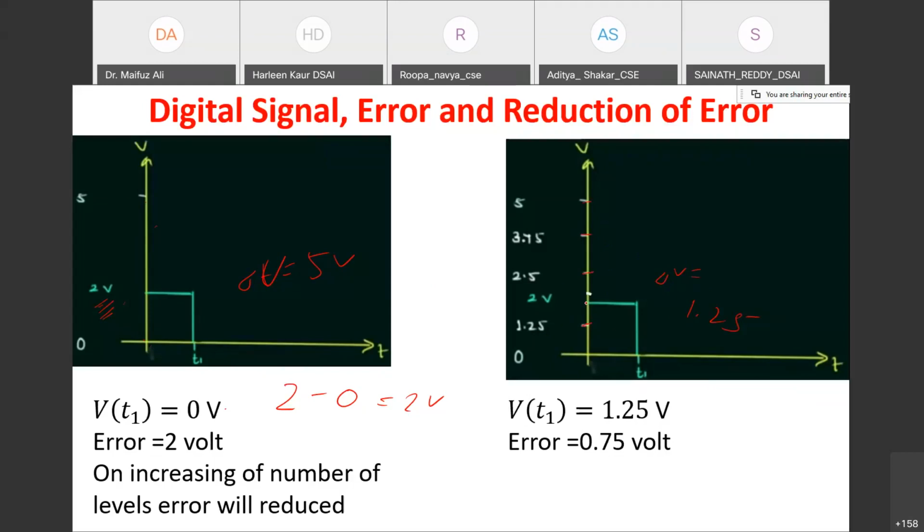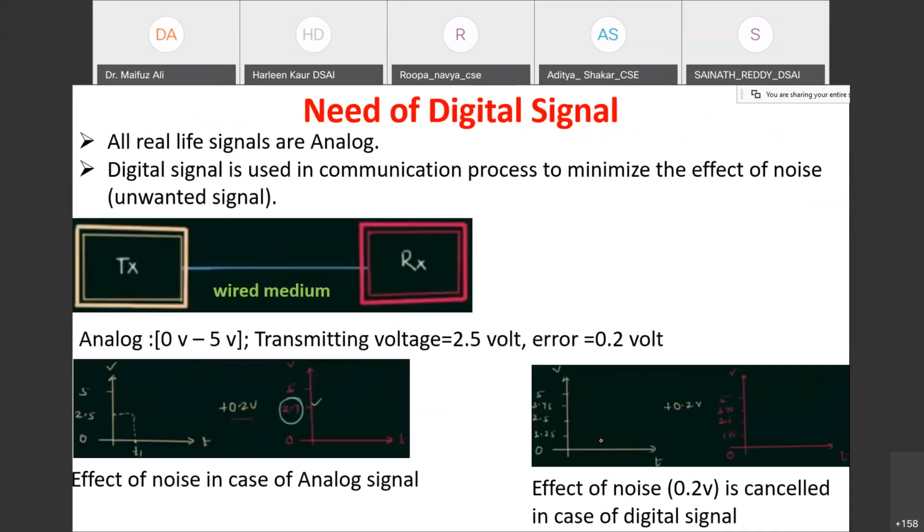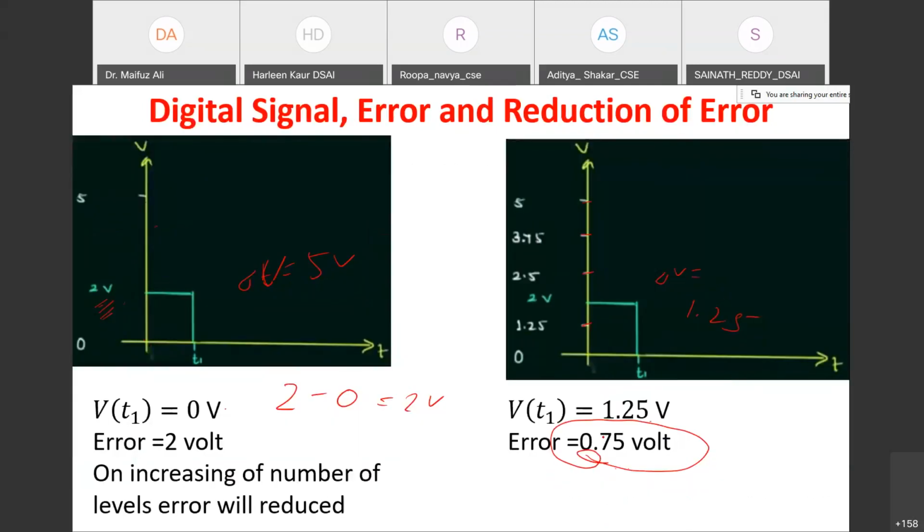Now your actual value is 2 volt, but the digital voltage is equal to 1.25 volt. So your error is equal to 0.75 volt. So by increasing the number of discretization levels, you can reduce your error.